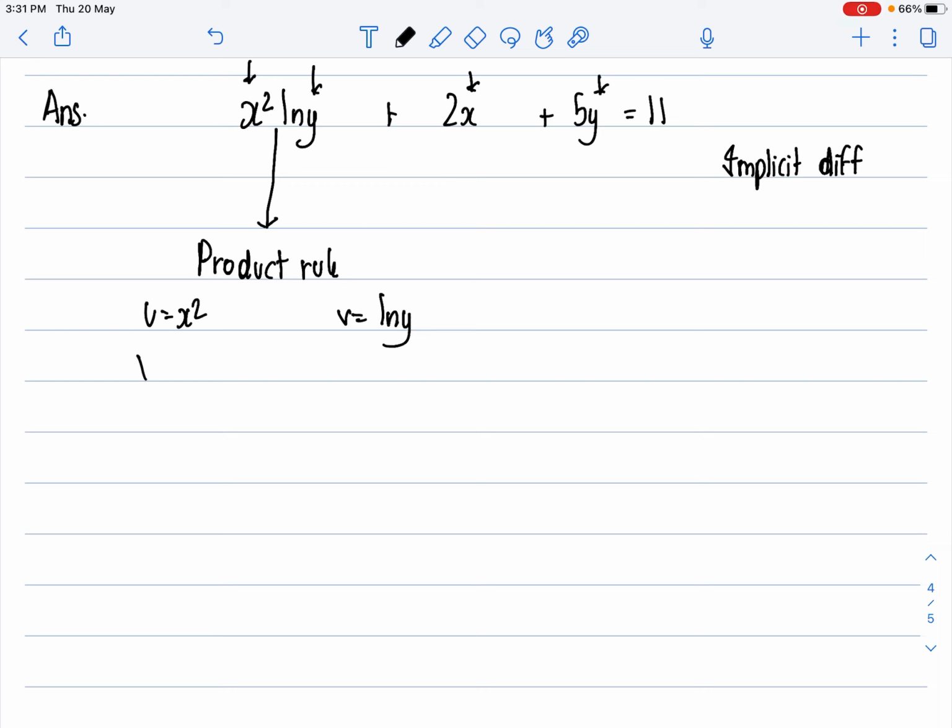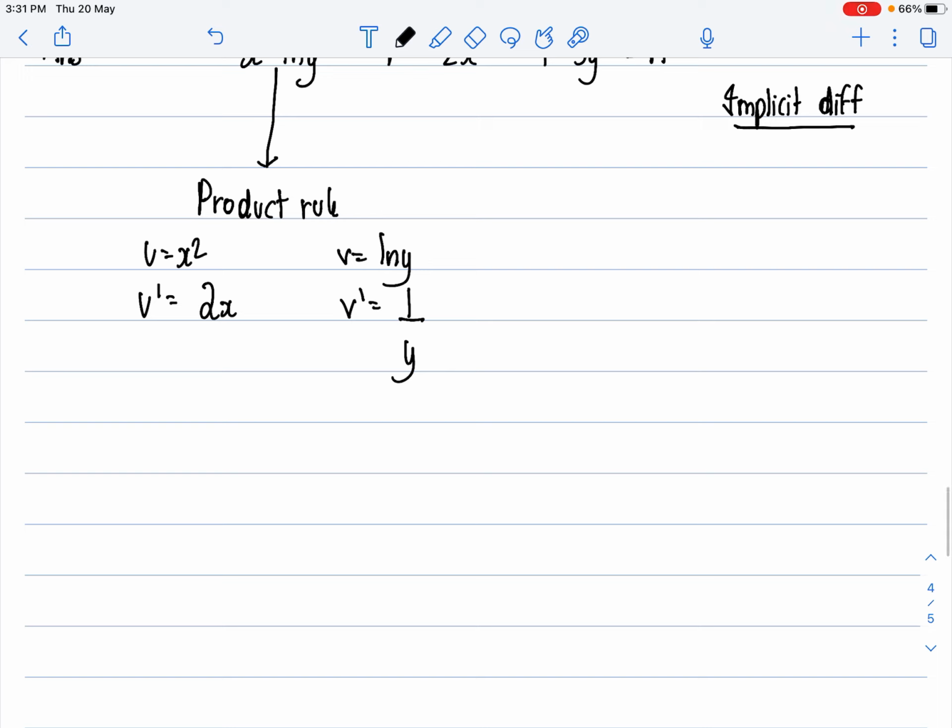My u dash is the differentiation of x square, which is 2x. My v dash is the differentiation of ln y, which is 1 over y. But an important rule you need to remember in implicit differentiation is that whenever you differentiate something consisting of y, a dy by dx is multiplied.